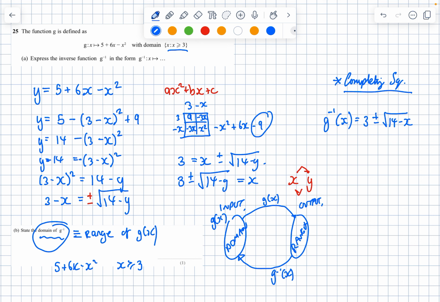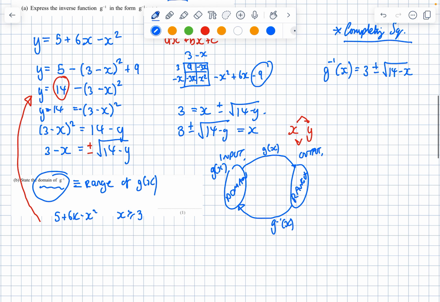Okay, so the maximum value for this, if I look at my completed the square form, my completed the square form was 14 minus 3 minus x all squared. Okay, this is what we wrote here. And that 14 tells me the y coordinate of the maximum point. So that means the maximum output of our function.